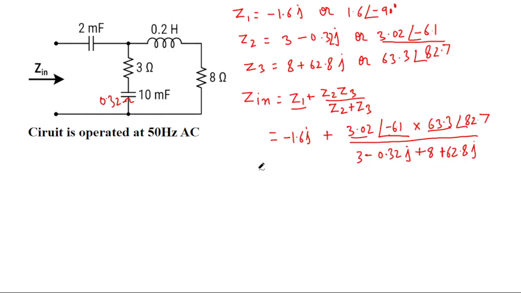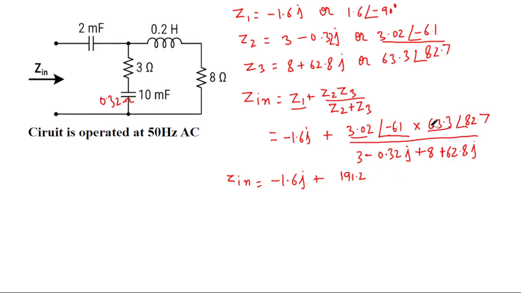So Z in is equal to minus 1.6J plus, if you multiply this one, I have already multiplied it, the value of Z2 Z3 comes as 191.2.